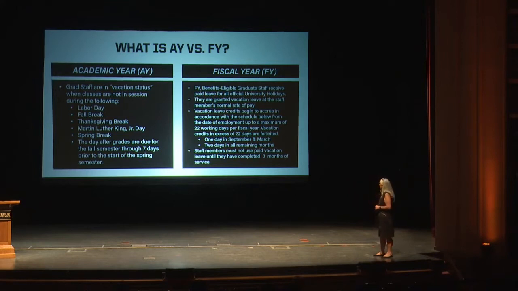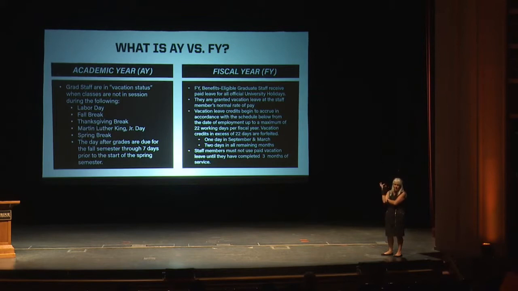If you're a fiscal year employee, which means you are a student who was given an RA, a TA, or a GA for the entire year, your contract usually runs from August 15th all the way to August 14th of the following year, or however that day falls from Monday through Friday. You're benefit eligible. You accumulate leave days.